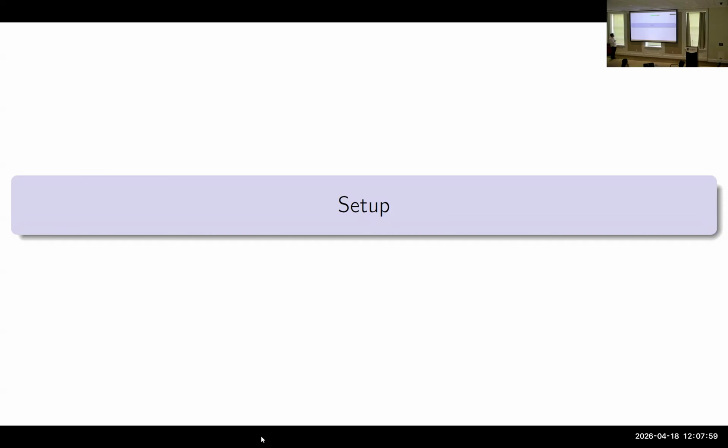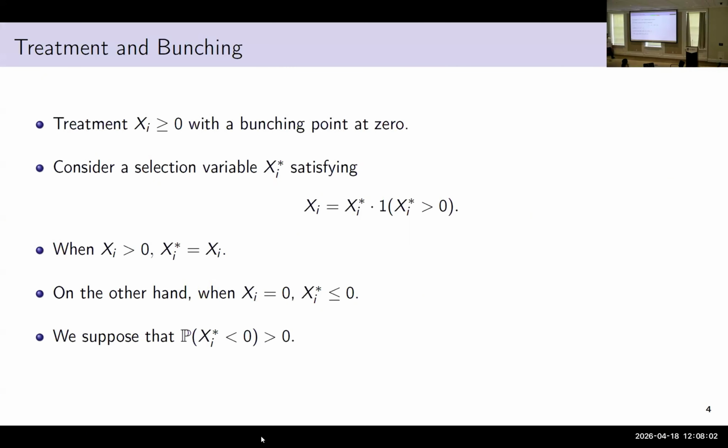Okay, so for the setup, I try to be as minimal as I can. We're going to have a non-negative treatment X that will have bunching at 0. As in the other papers, I will introduce this selection variable X star satisfying this equation.